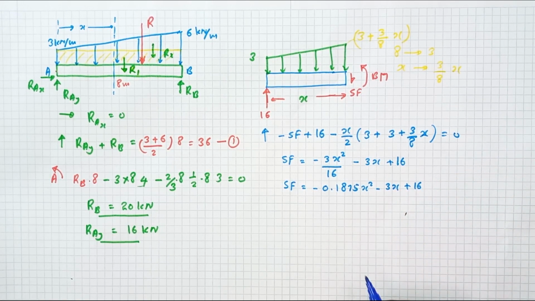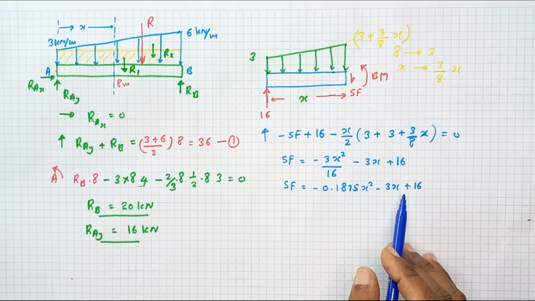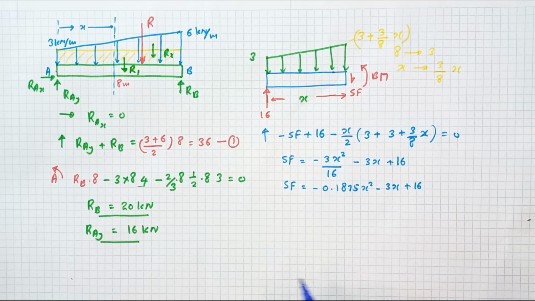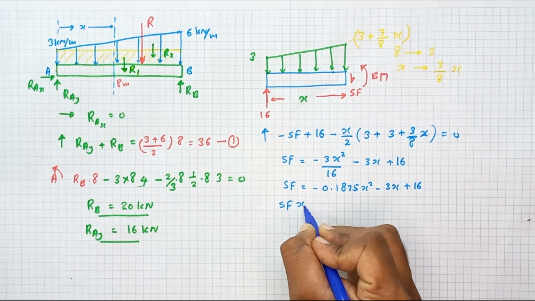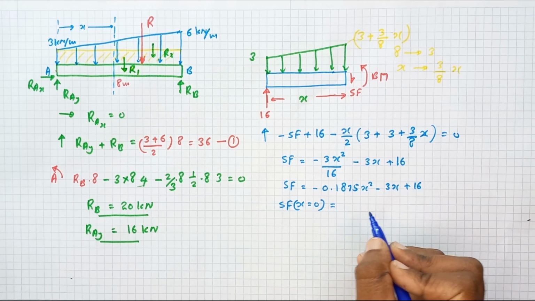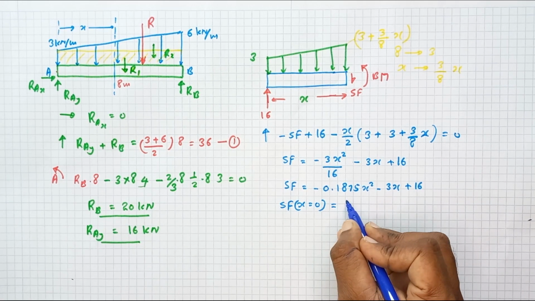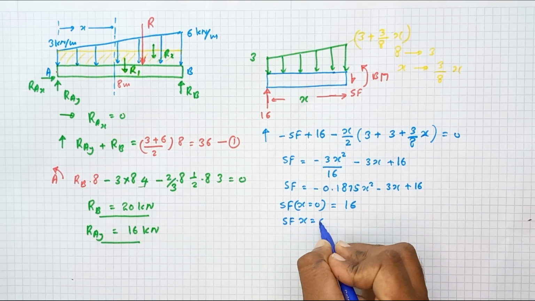This is the shear force equation. Here you can see the shear force having a parabolic variation. Okay. Let me find the shear force at x is equal to 0. Shear force at x is equal to 0 is equal to 16. Shear force at x is equal to 8.